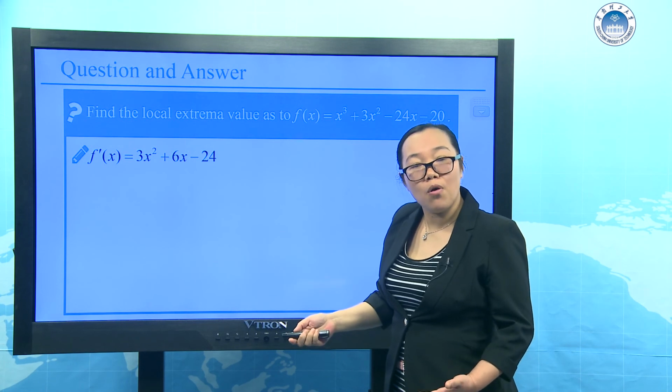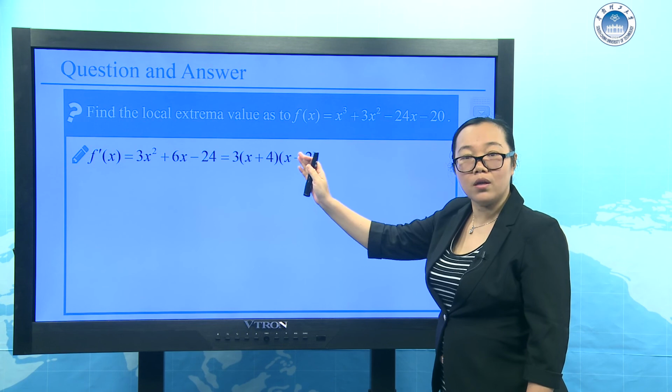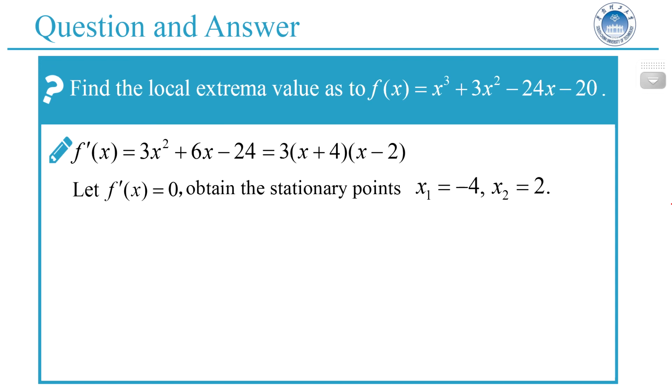Write this as 3 times x plus 4 times x minus 2. If we write f prime x equals 0, we obtain the stationary points. How many points? 2 points. One is minus 4, the other is positive 2.